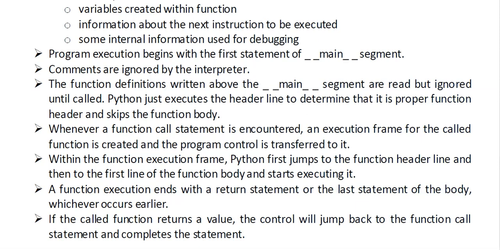The body of the function starts execution. So you start eating when you go to the dining hall. Similarly, when a function call is made, the Python interpreter jumps to a particular separate memory location and starts executing the function body.